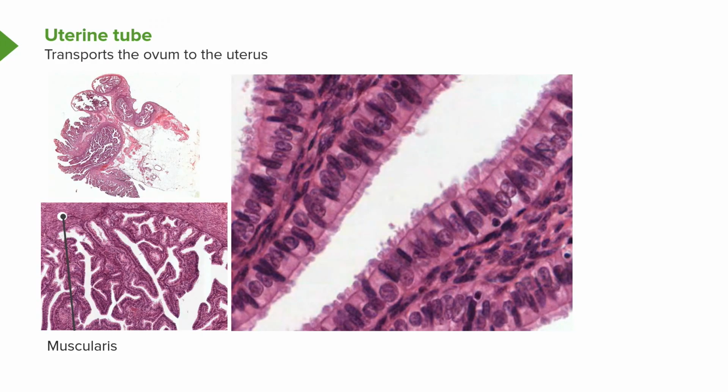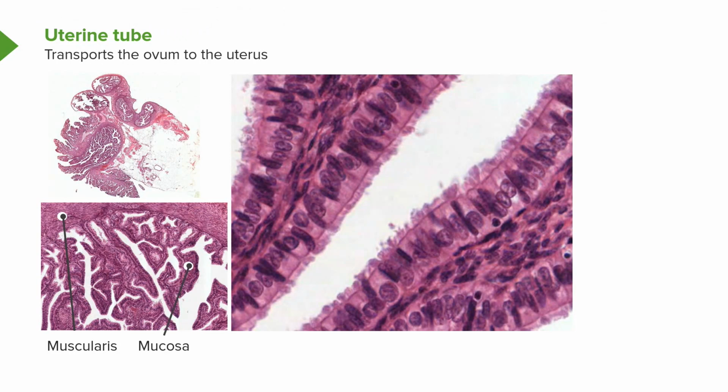That muscular wall, or the muscularis, creates peristaltic contractile activity that can move fluid and contents such as sperm from the uterine end of the uterine tube up towards the ampulla where fertilization may occur. So it enhances movement of the sperm up to that region. Conversely, the peristaltic wave of this muscle can work in the opposite direction after fertilization and enhance the transport of the fertilized egg towards the uterus for implantation.